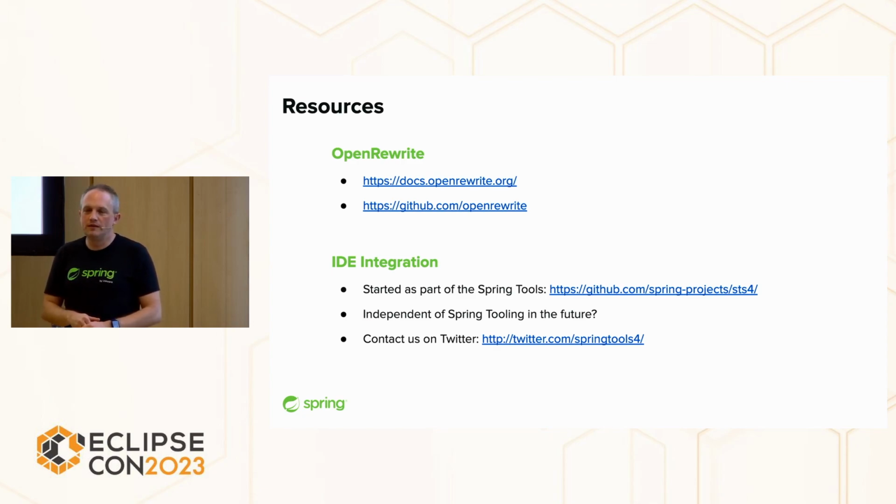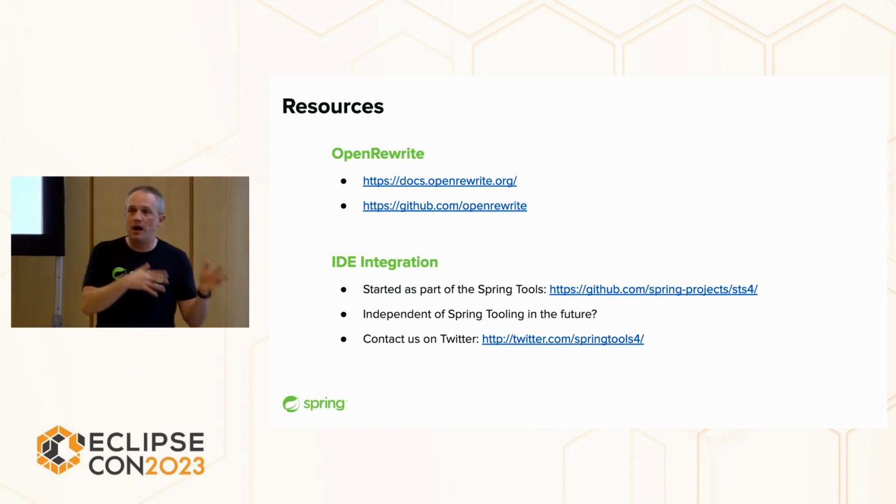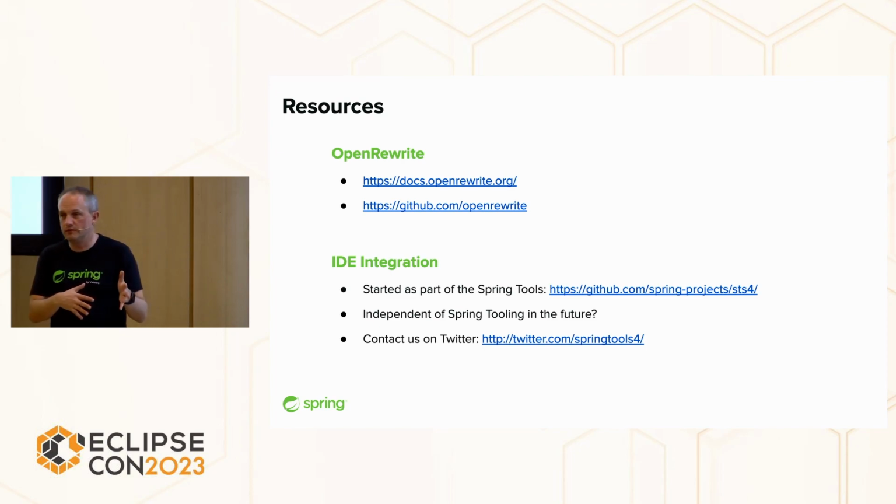So what we did in the beginning, and I can show you that afterwards, is there's a preference where you can say these recipes should show up in my IDE as a selection. If you wipe that out and say show me everything, you will see a long list of 1,000 things, small things that maybe sometimes don't make sense or have weird descriptions.